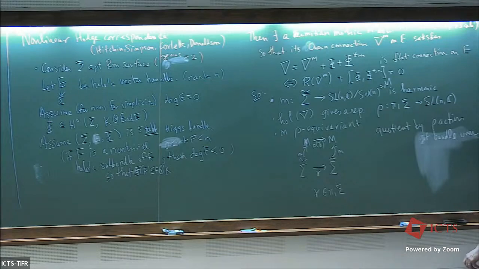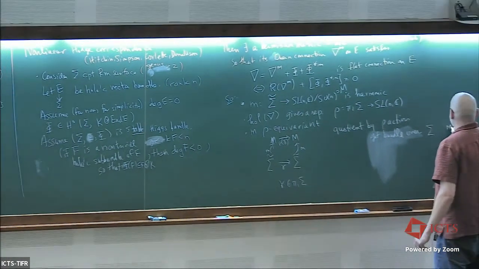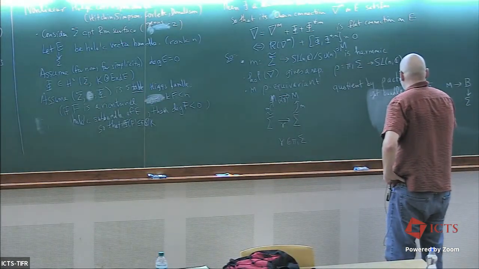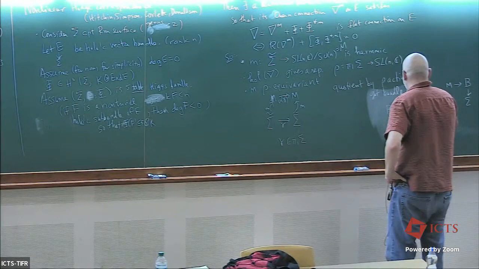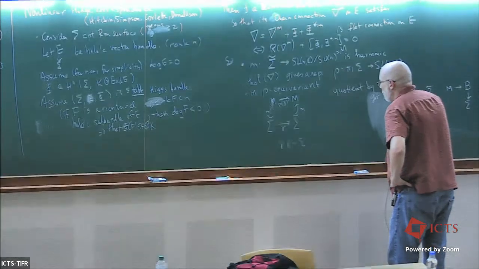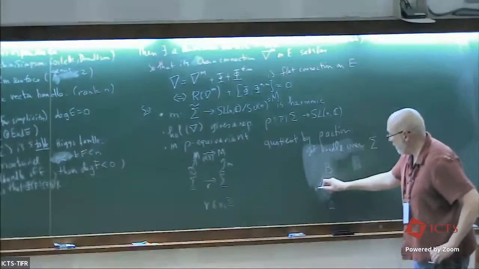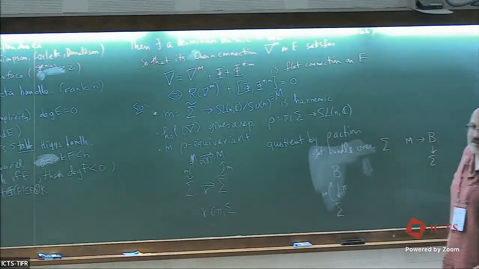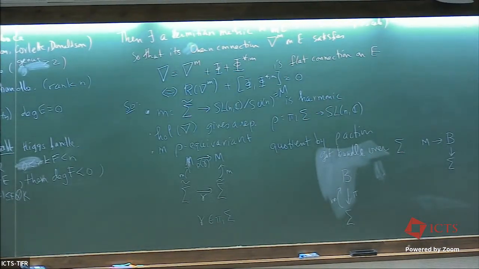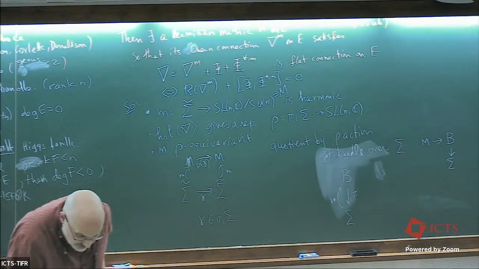Let's say the bundle is something like this. There's an induced map M to this bundle, and this goes into the fiber map. All right, so this is the setup.